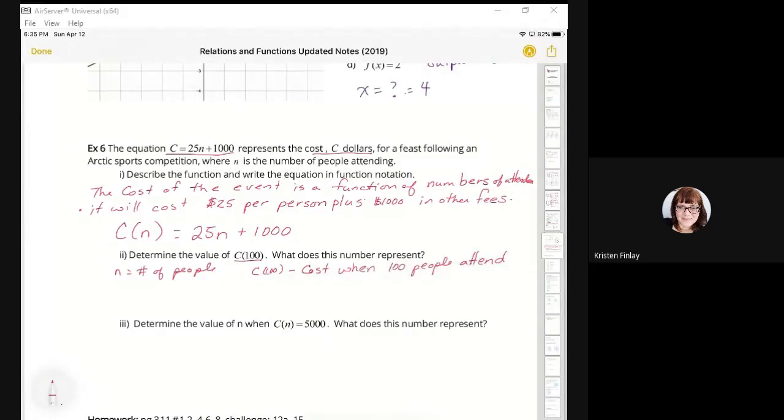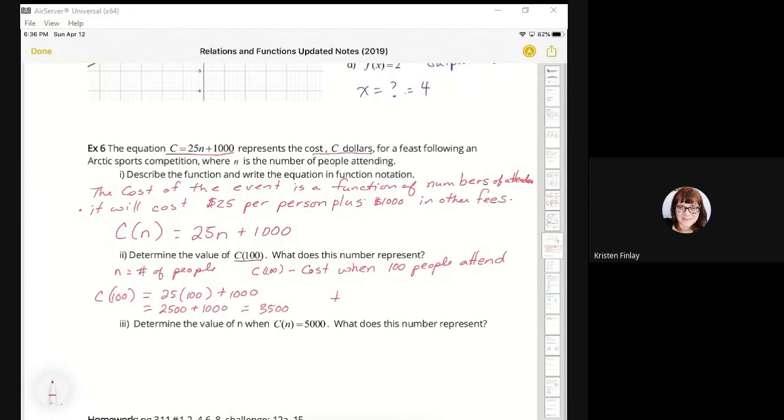Okay, so let's figure it out. C of 100 is equal to 25 times 100 plus 1,000. So that's 2,500 plus 1,000, or 3,500.